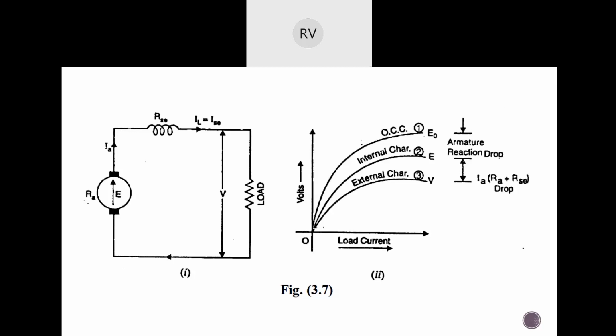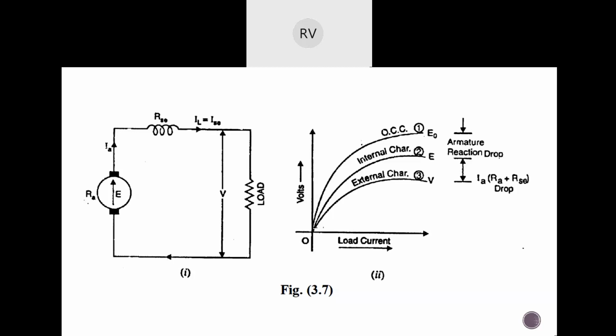The generated voltage is the voltage around the armature, so you know how much voltage is being generated. Apart from that, you have the series windings as well as loads, so there will be a voltage drop, or voltage loss, and after the voltage loss, the remaining voltage will be reflected across the load.